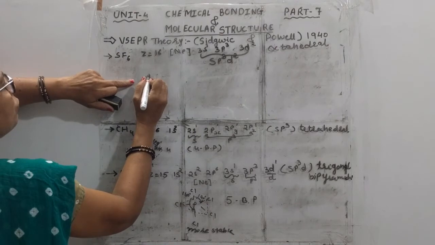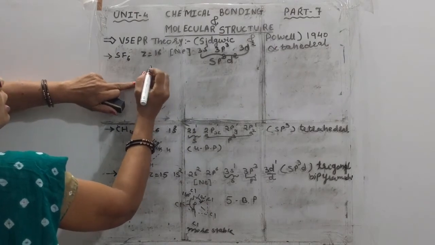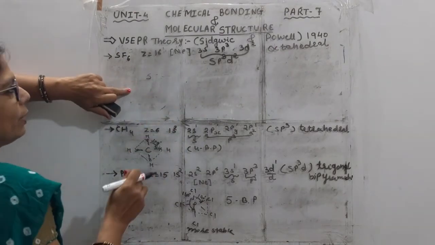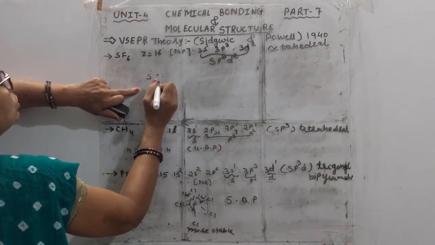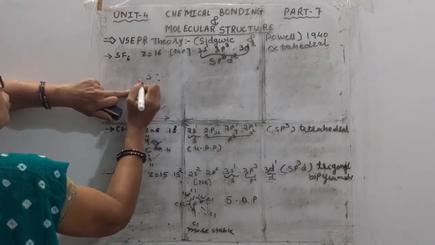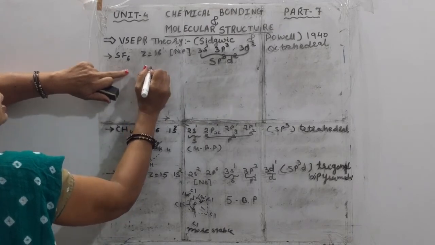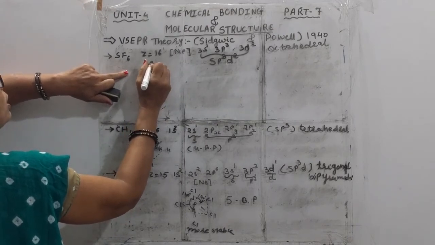Now sulfur. How many valence electrons, students? 1, 2, 3, 4, 5 and 6. Each one is bonded with fluorine.